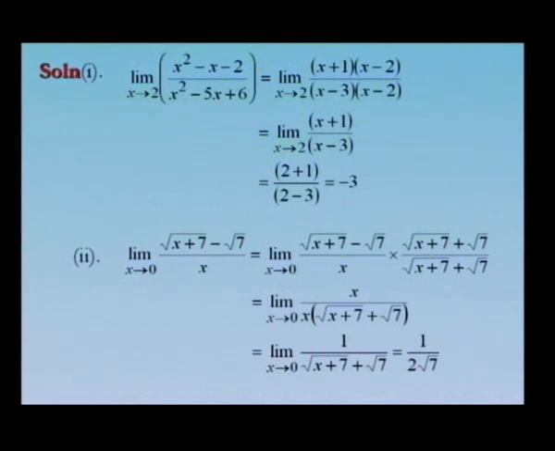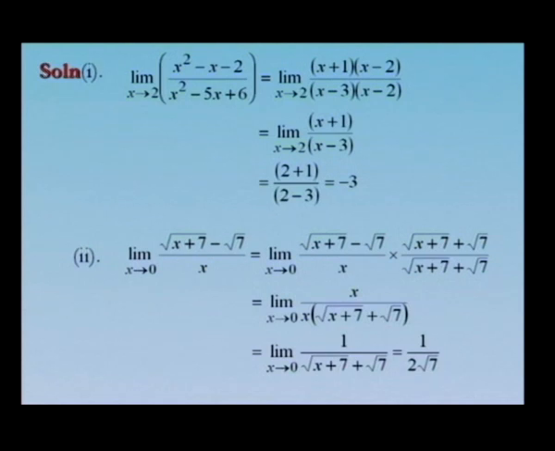Here limit x tends to 0, (square root x plus 7 minus square root 7) upon x. Here we rationalize this so that the numerator can be simplified, because if you just substitute x equals to 0 in the numerator and denominator, we will get 0 upon 0, which is an indeterminate form, so its value cannot be determined.